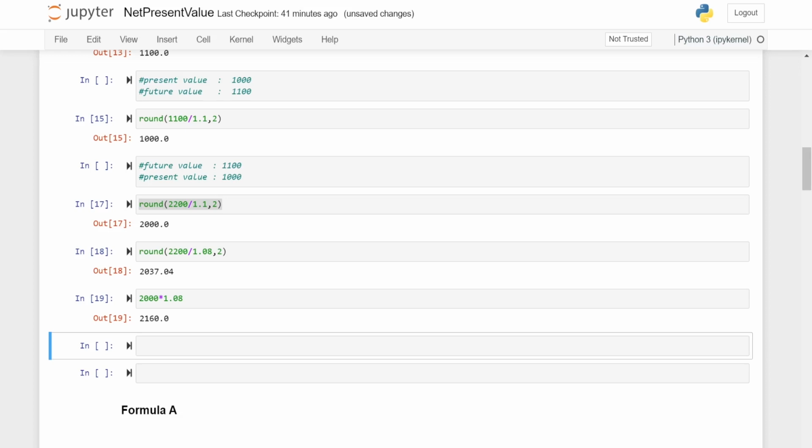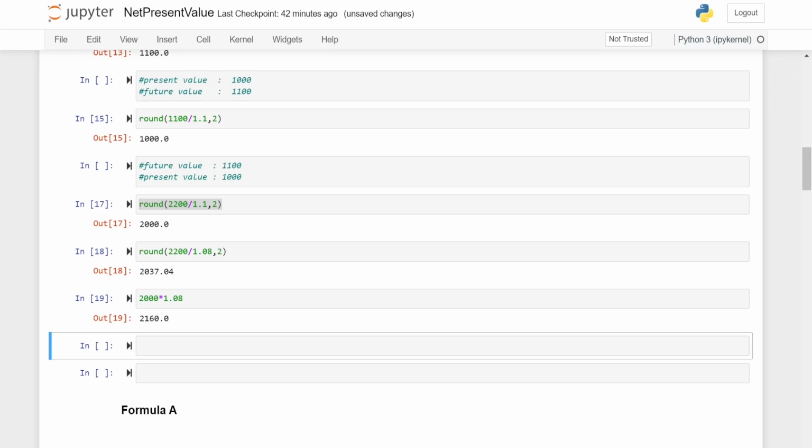So if the risk-free interest rate is 8%, this project is becoming viable. And if the interest rate is 10%, this project is not viable. That is the concept. Okay.